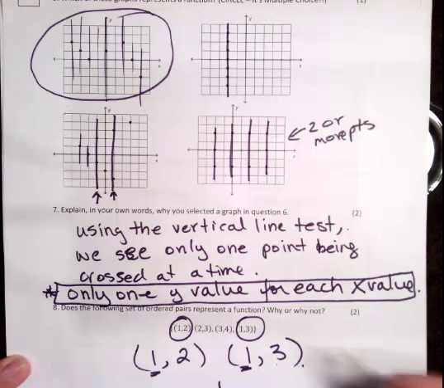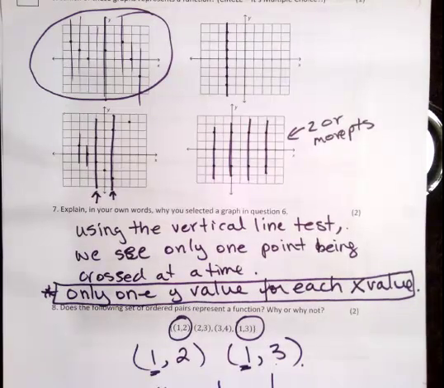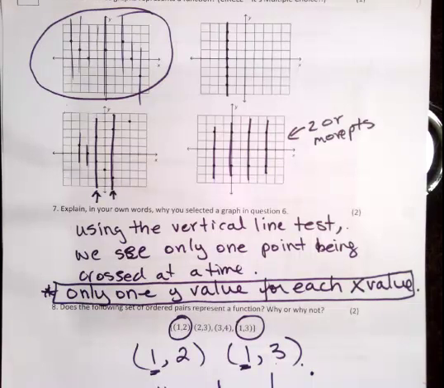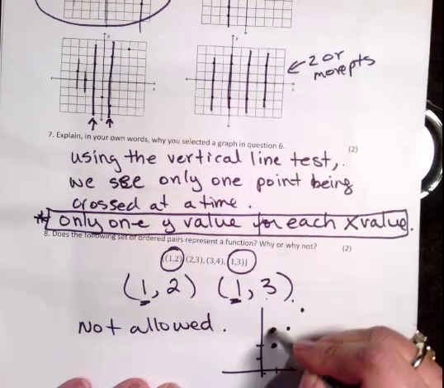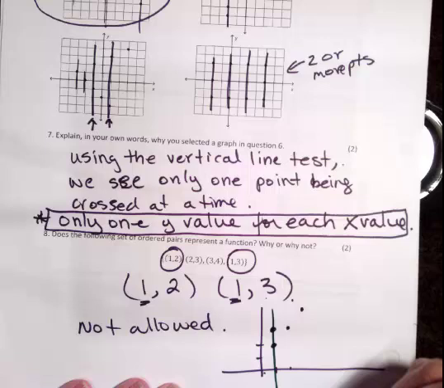If we were to graph these points on a grid, just real quick, if I take this point here, (1, 2), and then (2, 3), (3, 4), and then this point (1, 3), I'm going to notice that these 2 points here are going to fail the vertical line test.